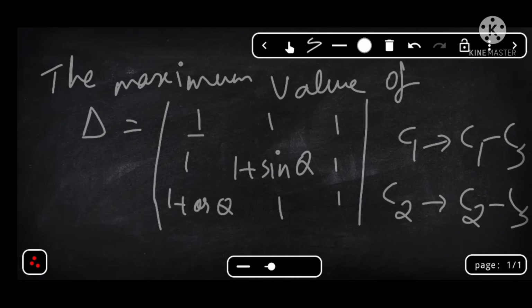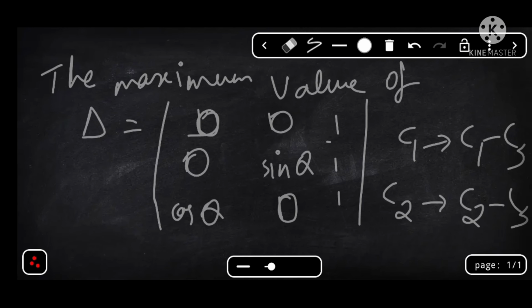C1 minus C3 will give us 0, here also 0, and here it is going to be cos theta only. And C2 minus C3, this will be 0, this will be 0, and this is going to be sin theta.